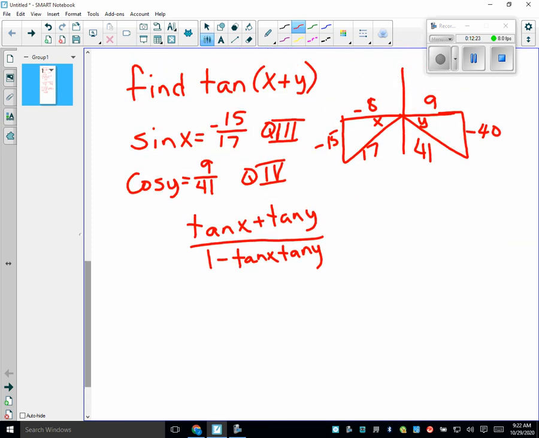Okay. What's tan x? 15 over 8, plus tan y, over 1 minus 15/8 times negative 40 over 9, right? Yes. How do you find that value? Put it in your calculator, just like that.